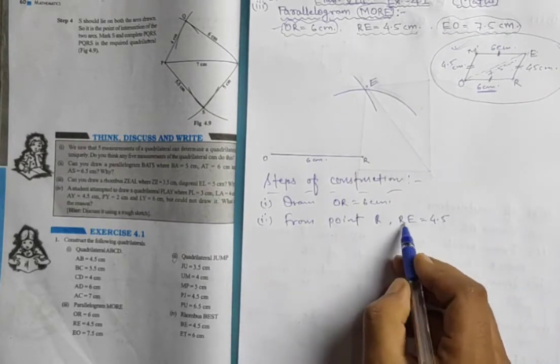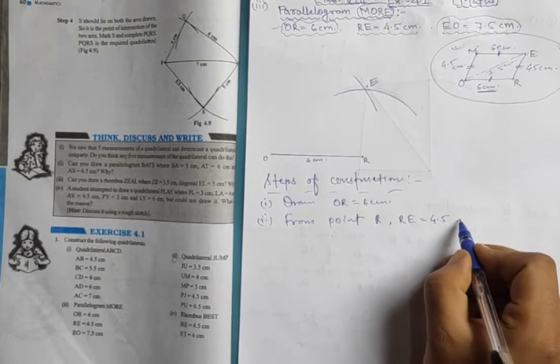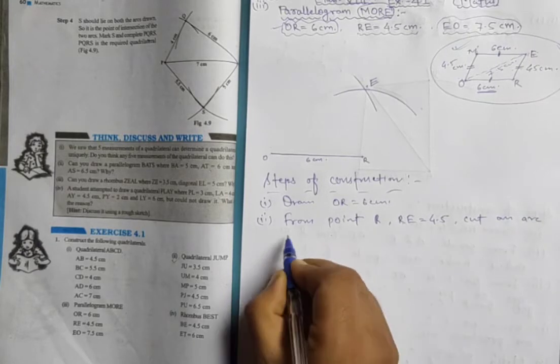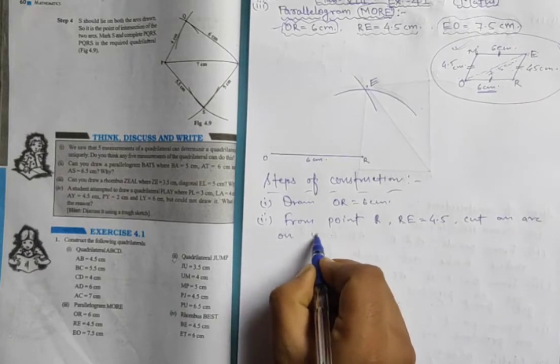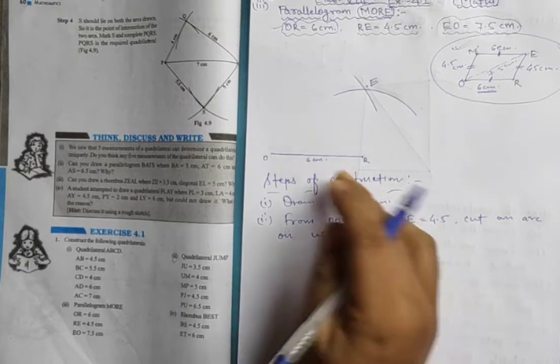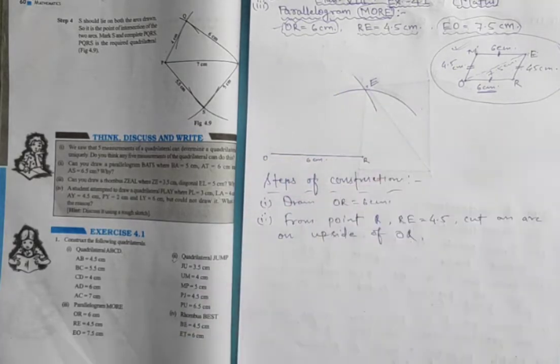From point R, RE equal to 4.5 centimeter, cut an arc on upside of OR. OR के अपसाइड में अपन लोगों ने एक आर्क कट किया.